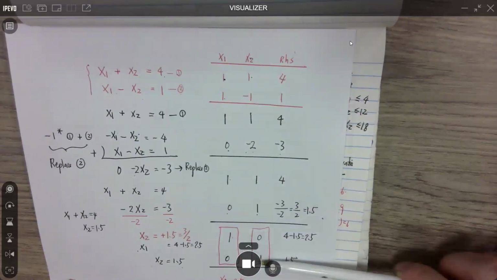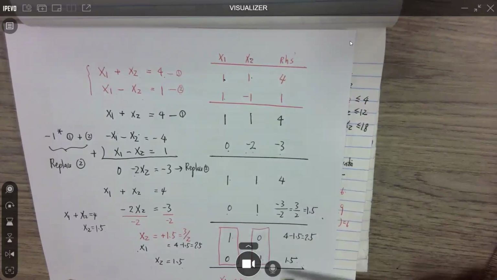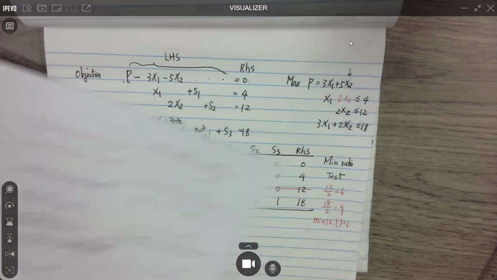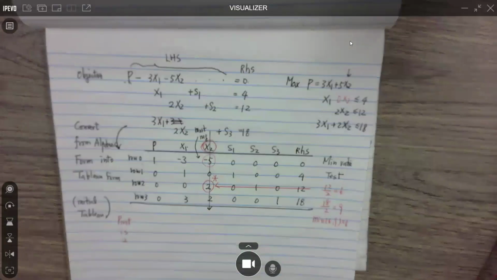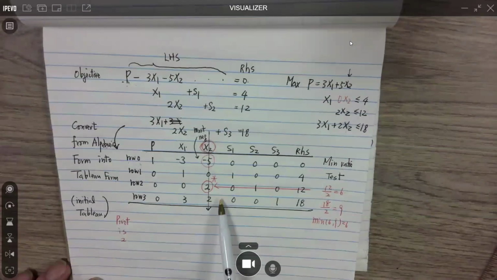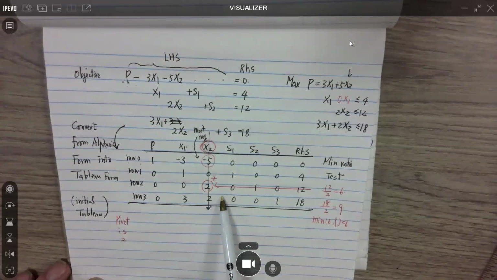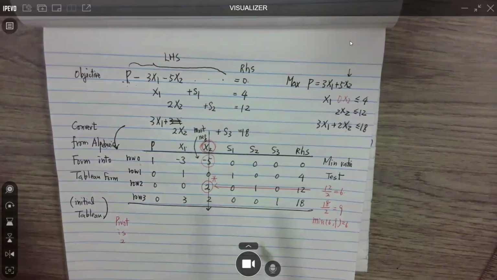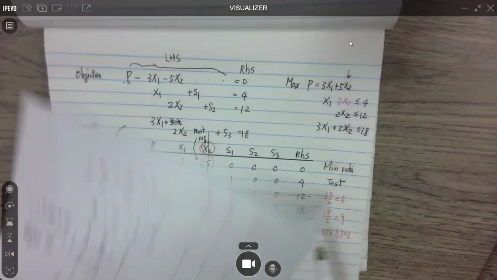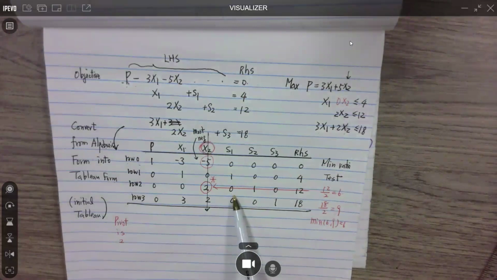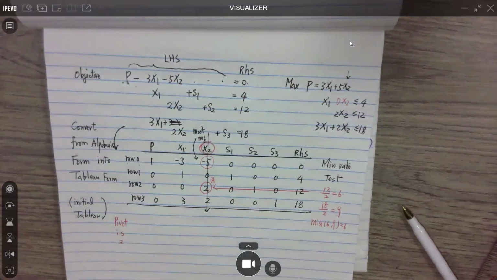If you can keep this form, you can read the answer directly. So we're going to apply the same procedure here. This procedure I'm going to do next is exactly the same as this one. But this is more complicated. That's the difference. But if you are patient, you can do it, no problem.